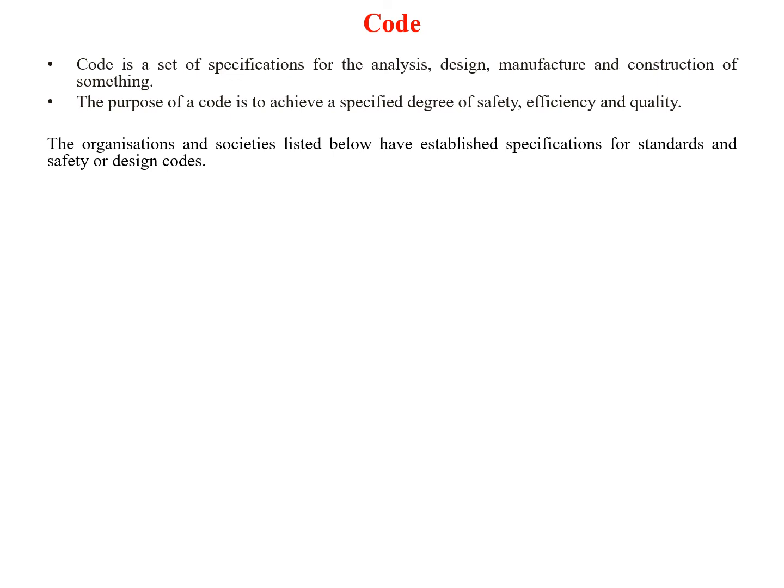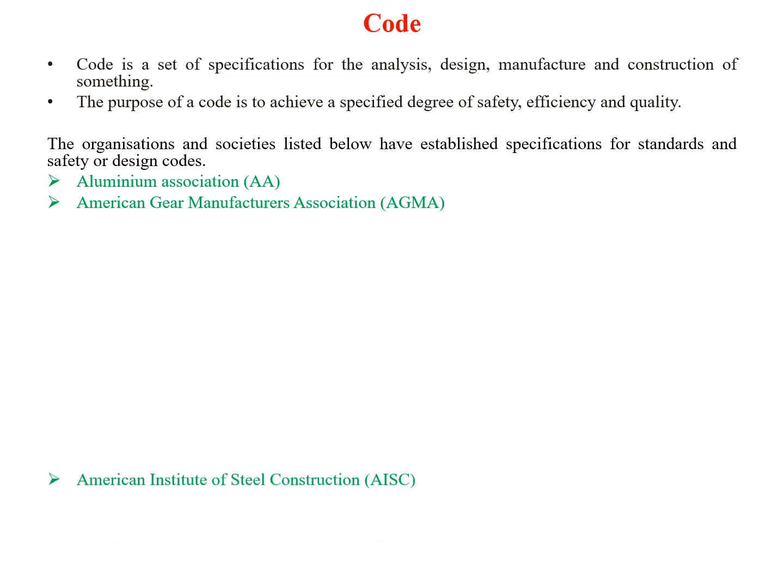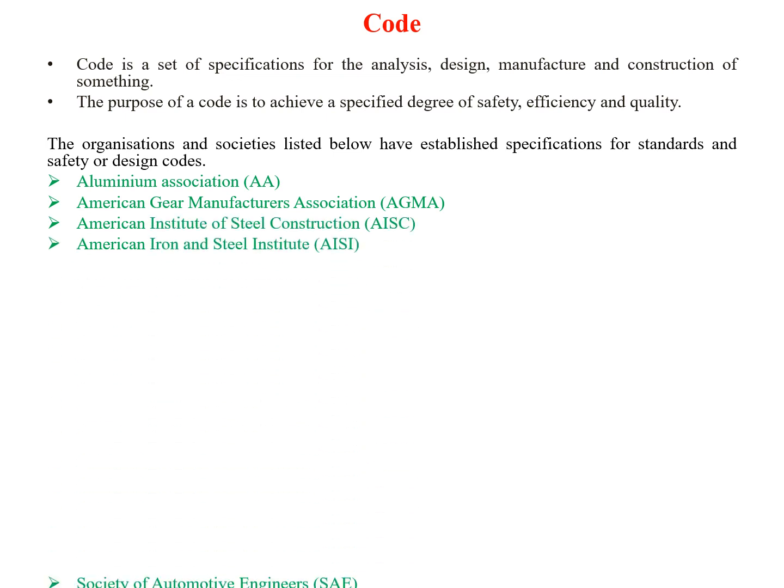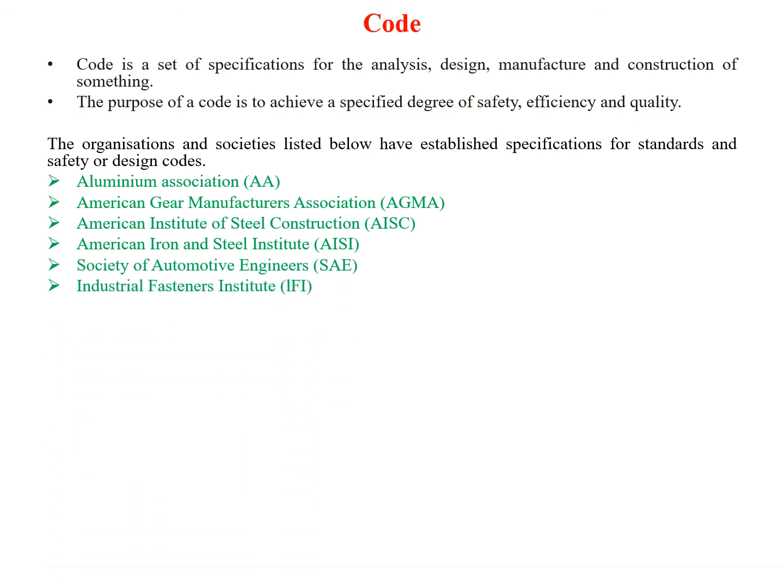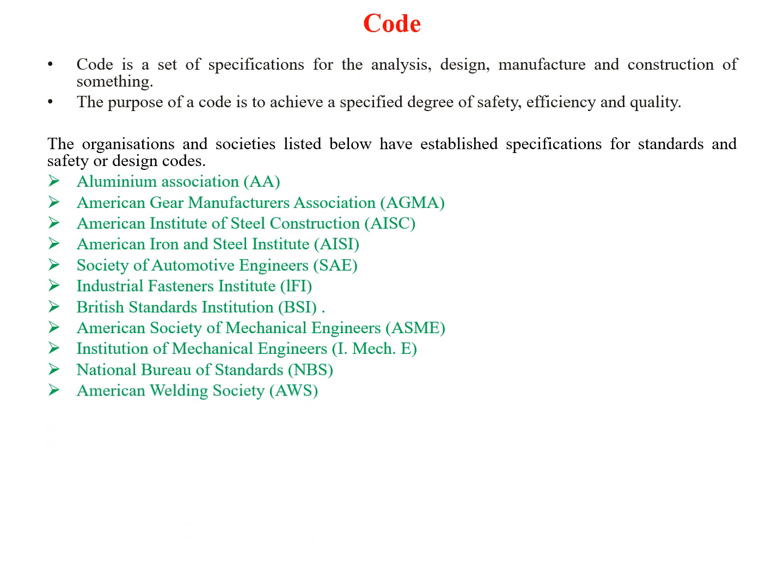There are societies and organizations which set the standards and codes for particular components, like the Aluminum Association, American Gear Manufacturers Association, AGMA, American Institute of Steel Construction. Like this, many organizations and societies give specific codes for specific functions.